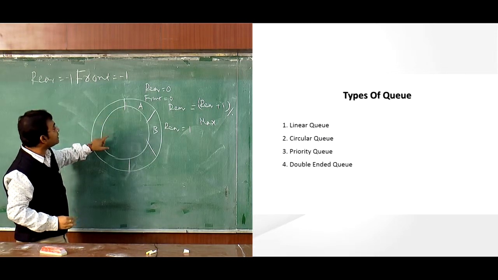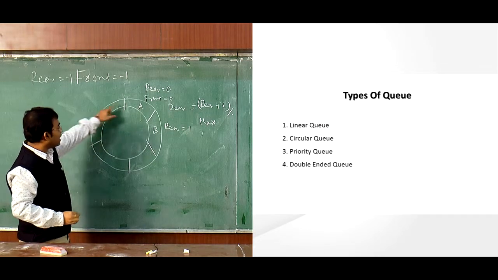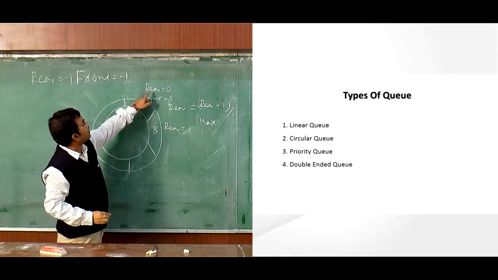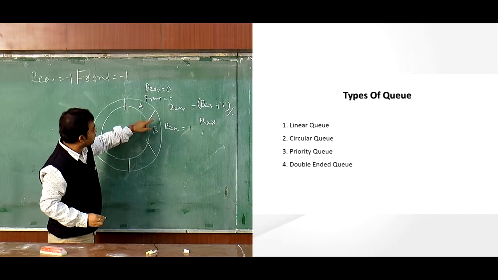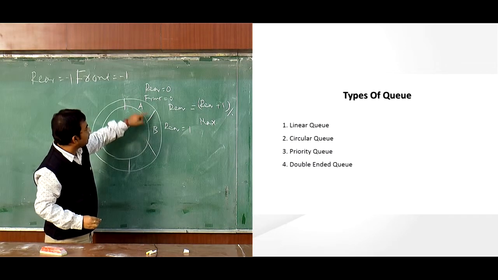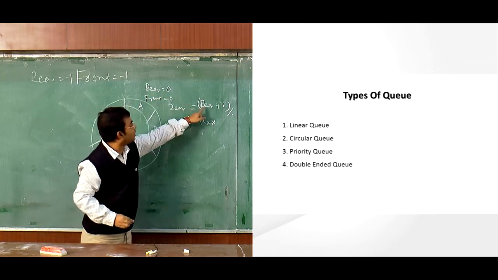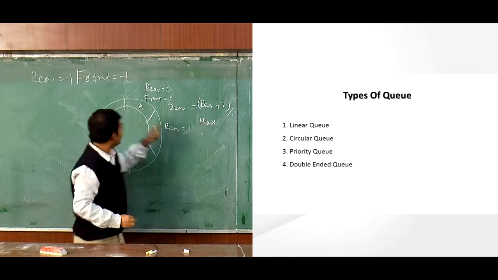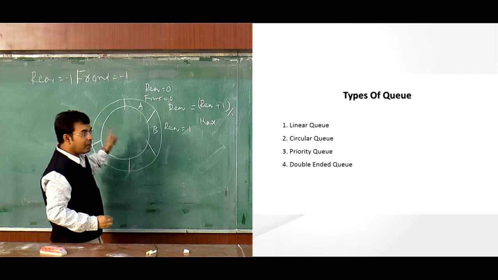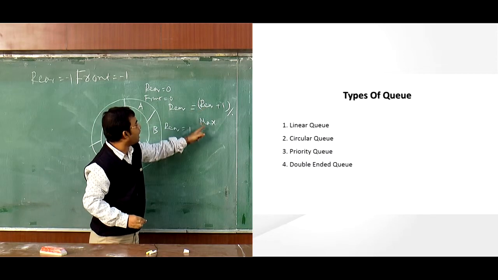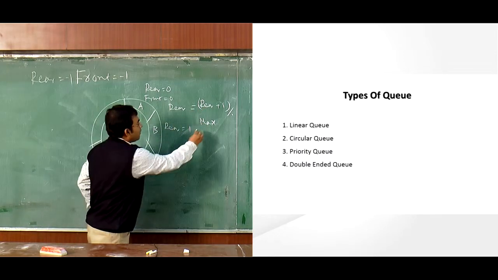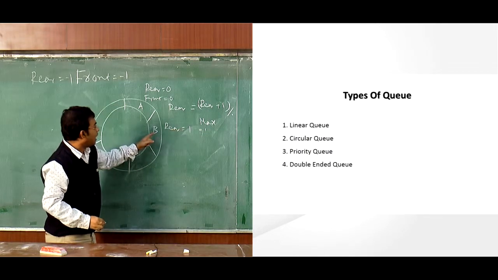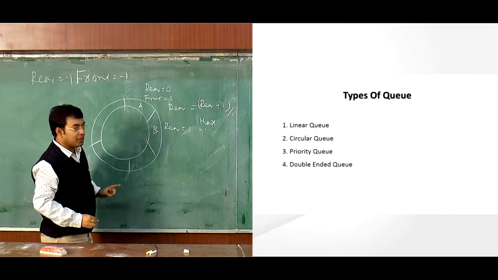Over here max is 5. Now the value of rear is 0. Now we want to insert another element, let us say B. We take the value 0, then 0 plus 1 is 1, 1 mod 5, what is this value? It comes to 1.